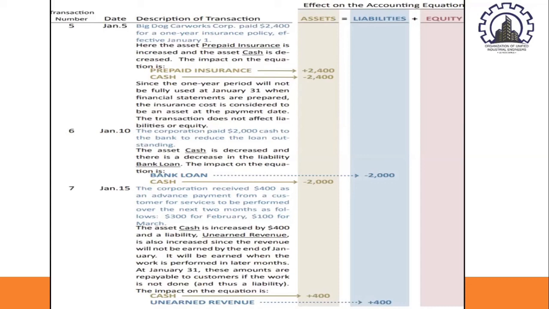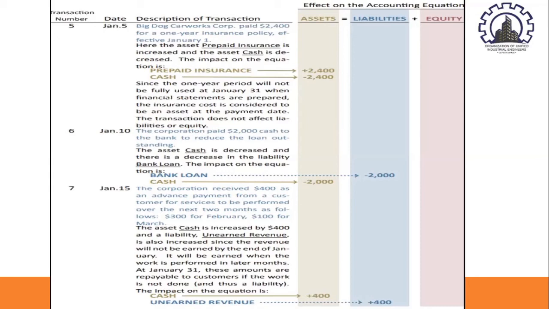And on the 10th of January, the transaction is the corporation paid $2,000 cash to the bank to reduce the loan outstanding. Again, you paid cash amounting to $2,000. So if you paid cash, you let $2,000 out from your company's pocket, that's an outflow.